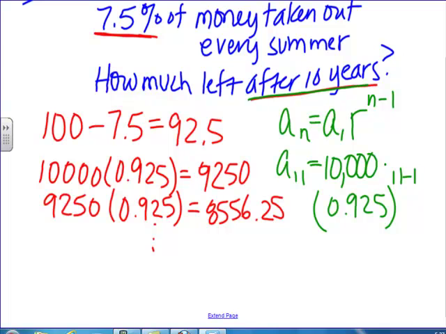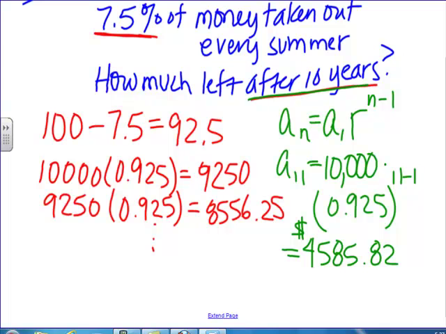If you were to multiply this out on your calculator, just to round it into dollars and cents, you would find it to be $4,585.82.